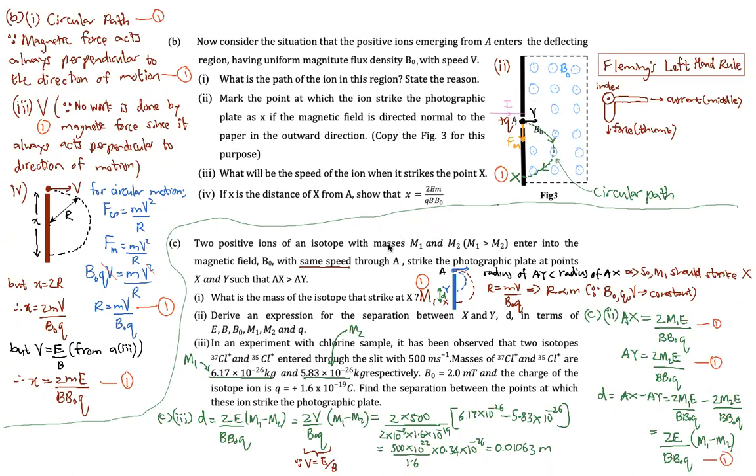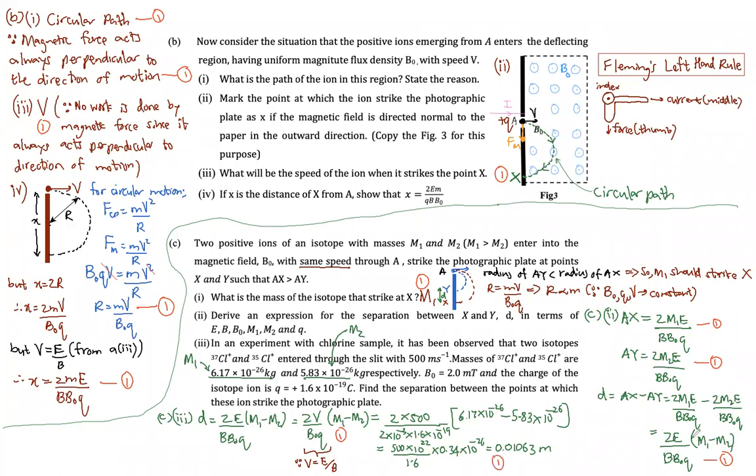13 given already, is it? Right, never mind. I kind of lost track of how many marks. Okay, sorry. Here 1 for this, 1 for this.